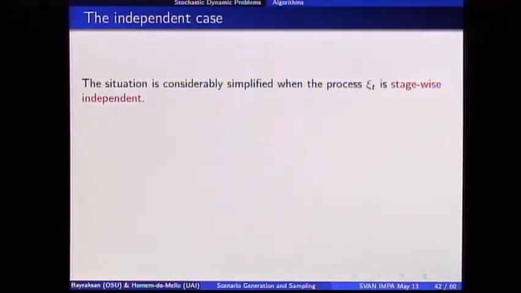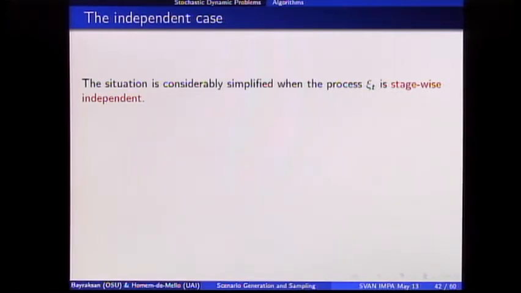Okay, so just to finish here, we have about 10 more minutes. I just want to discuss one particular case, which we mentioned before. When the process is stage-wise independent, everything is easier, because all this dependency structure is not necessary.